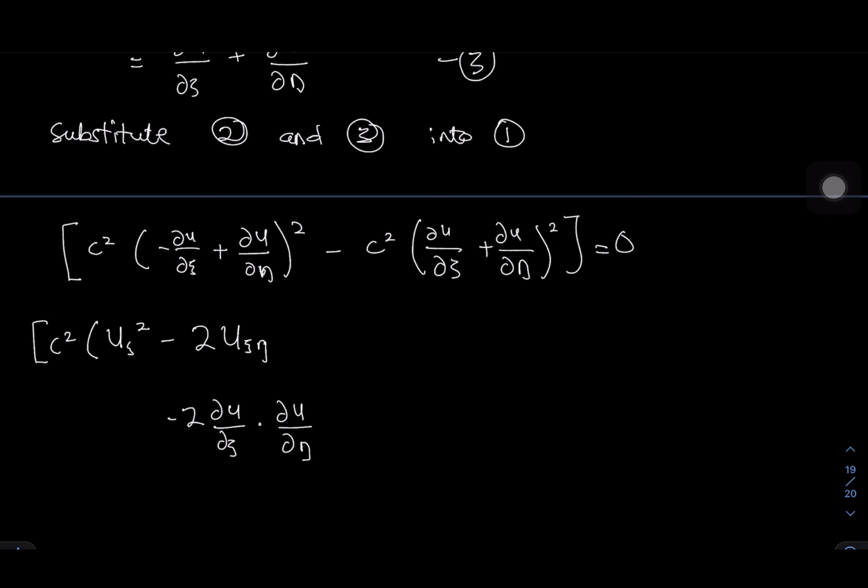So del u del c del u del eta, and that's going to be negative 2 del squared u del c del eta, right? So that's why I have this minus 2 u c eta. Okay. So then plus del eta squared.